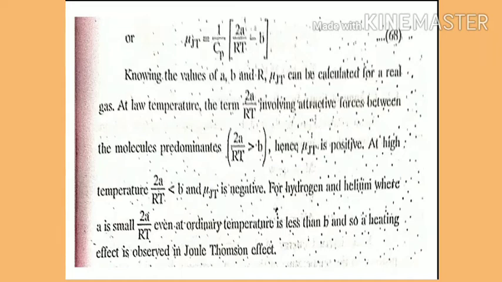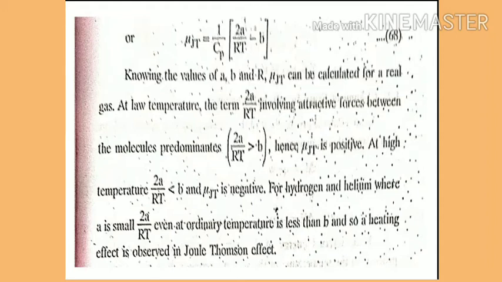At low temperature, the term 2a upon RT is larger than b. Why is it larger than b? Because at low temperature the attractive force between molecules predominates, so the value of a is higher, so 2a upon RT is more than b, so mu_JT is positive.